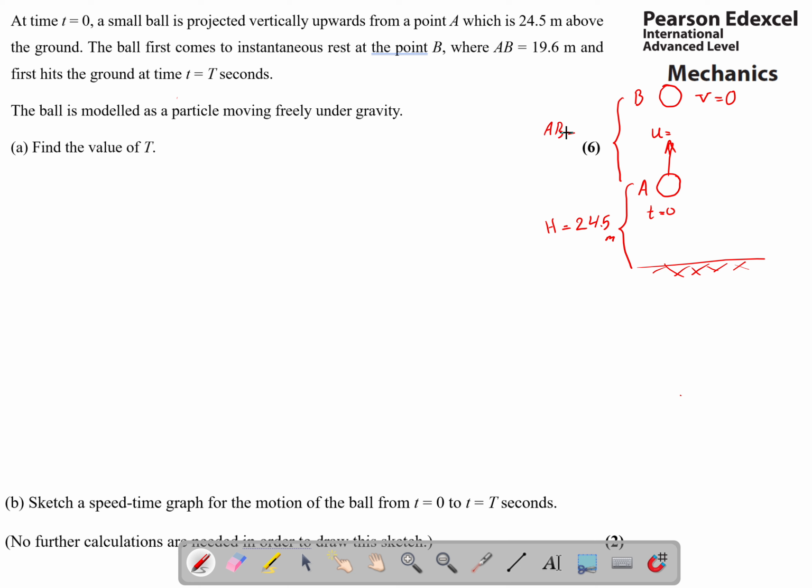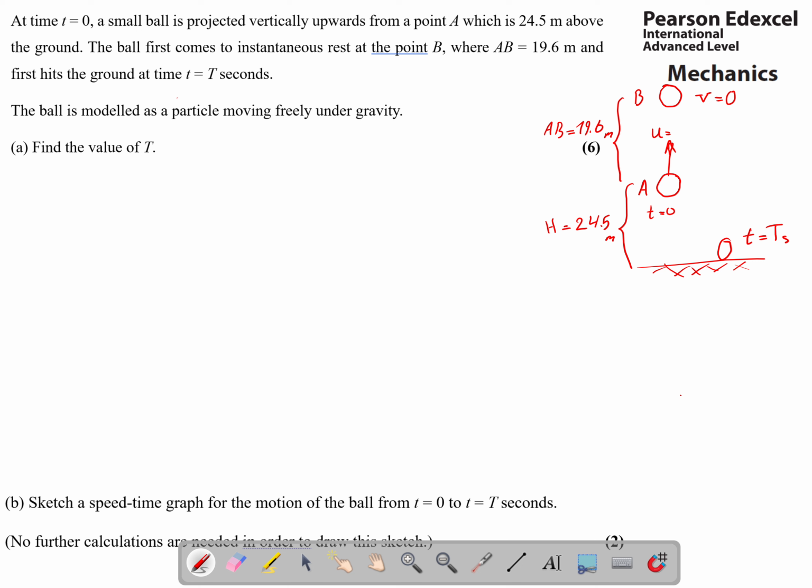AB equals 19.6 meters. And the ball first hits the ground at time equals t seconds. It means that from t equals 0 to the top point and then turning back to the ground, the time will be t seconds.